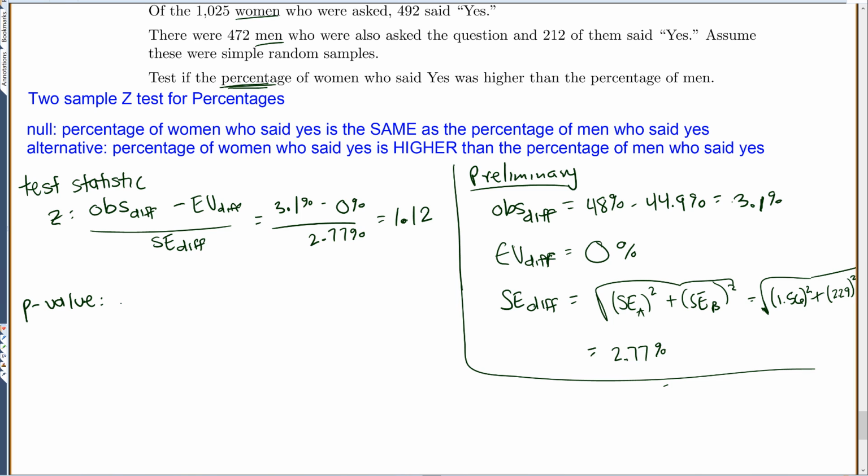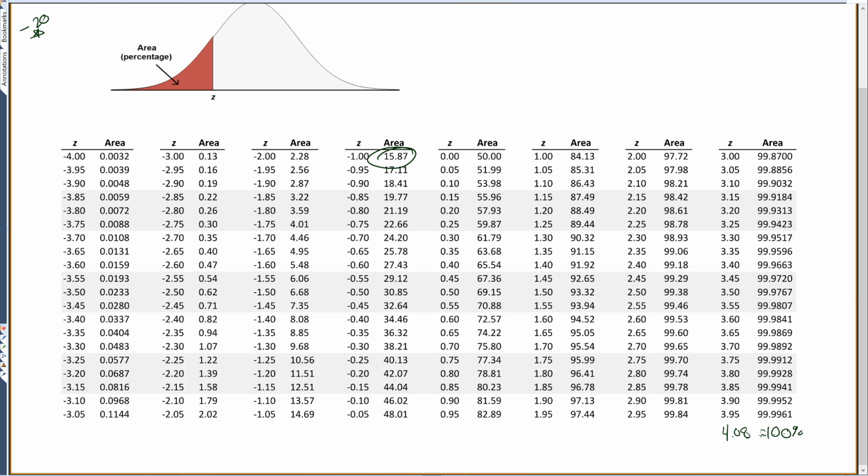So the p-value, this is a z-test, we will use the z-table. And we're looking for higher than, so we will shade to the right. Z equals 1.12. Shade to the right, come to the normal table. We're looking for 1.12. So the closest I'll get here is probably about 86.43.